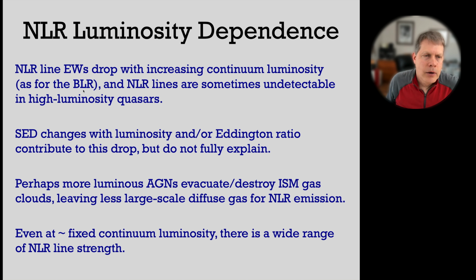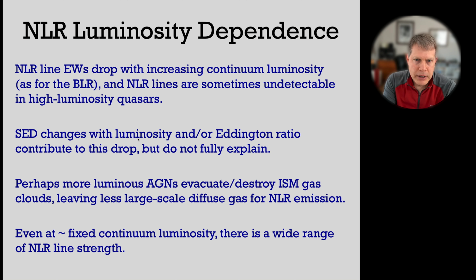Why is that? Well, the first suspect there, of course, is that we know the spectral energy distribution of active galaxies changes with luminosity. We talked about that in the lecture about the black hole region, for example. And the SED changes, generally becoming softer as you go to higher luminosity.